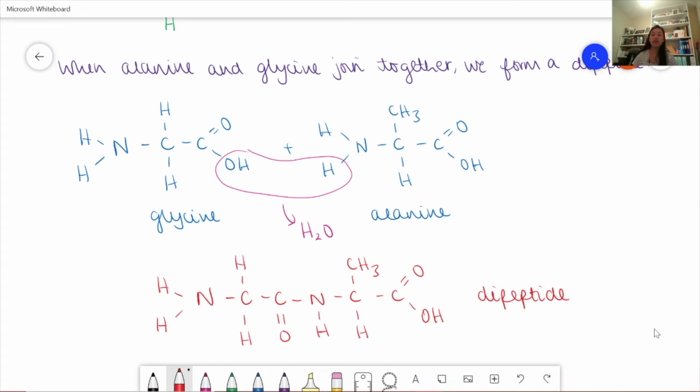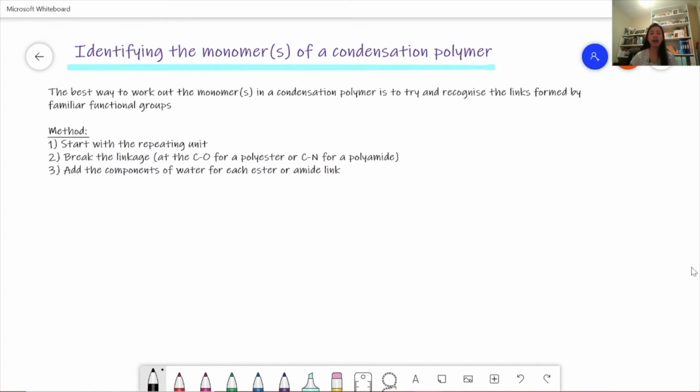And it's really important to note the difference between polymers like Nylon 6,6, which are made of two monomers, a diamine and a dicarboxylic acid, compared to these polypeptides, where each amino acid has an amine group and a carboxylic acid group.